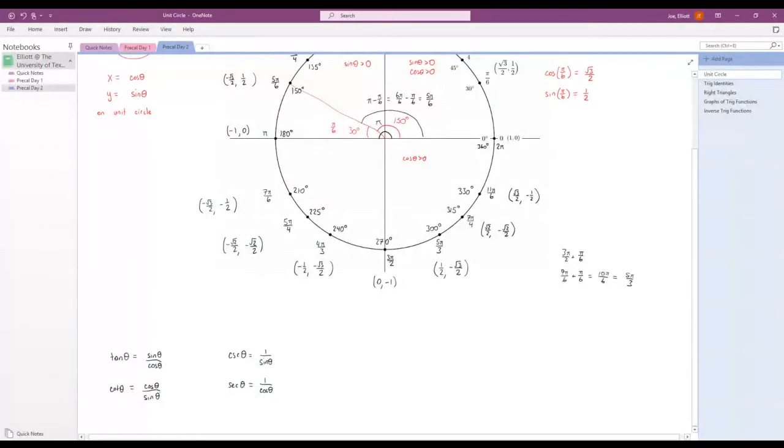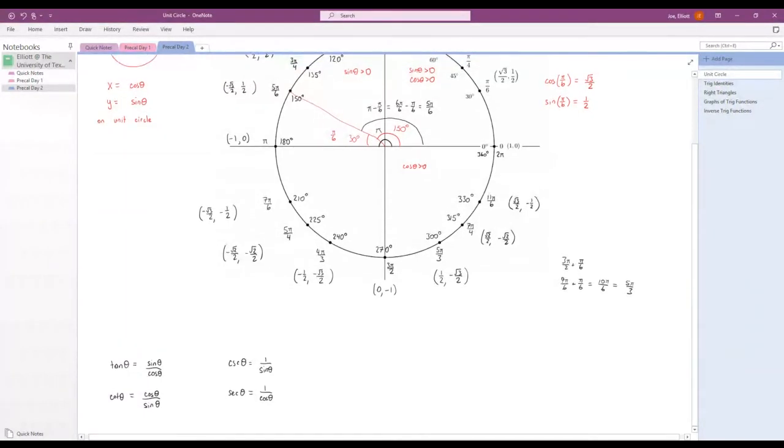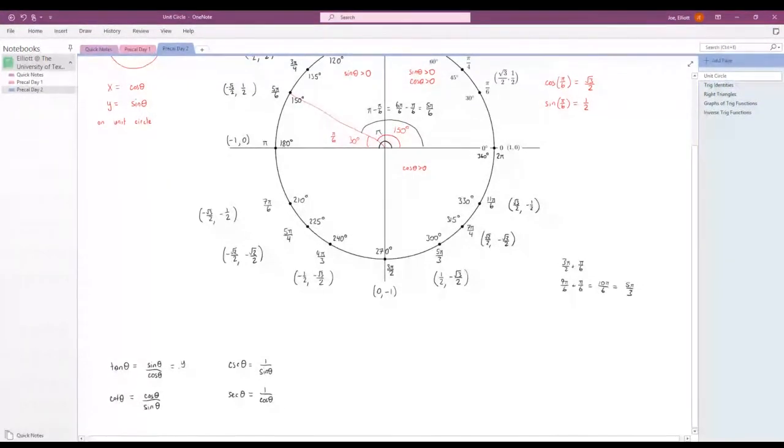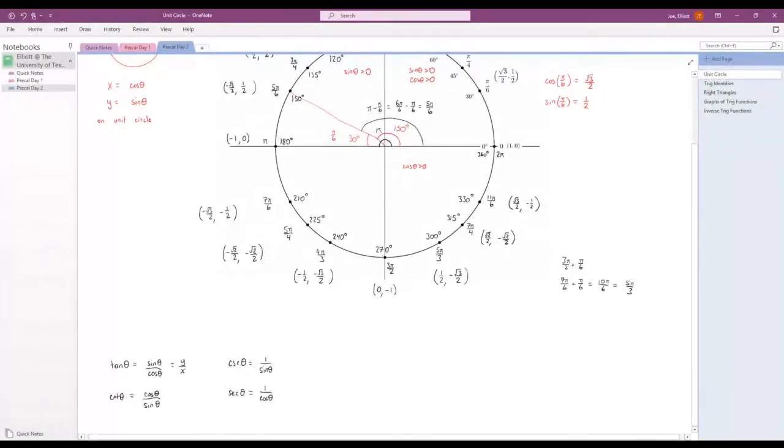So those are the rest of the trig functions. And you can relate them to the x and the y coordinates as well. So for instance, you could say that tangent is y over x and so forth, okay?